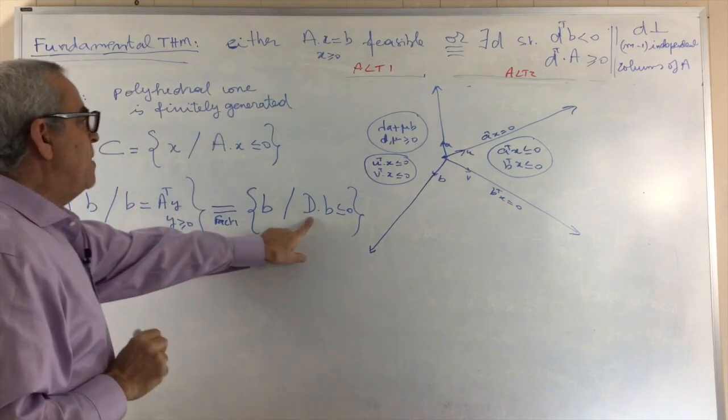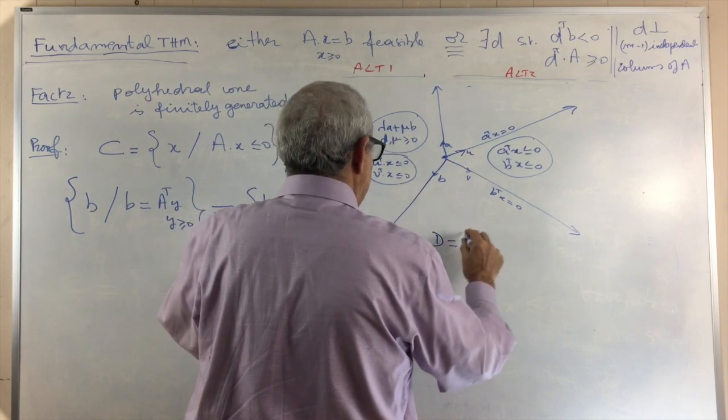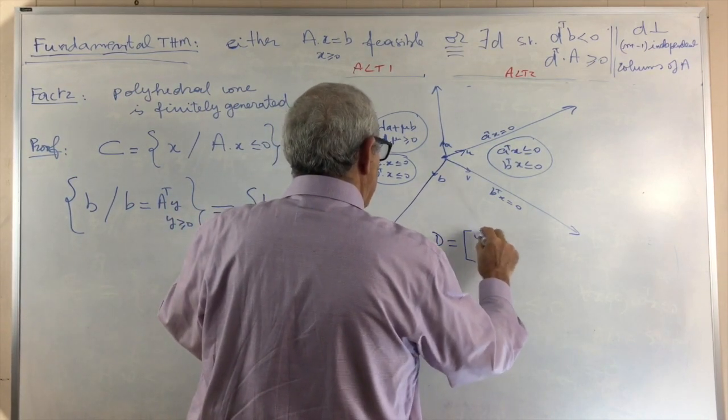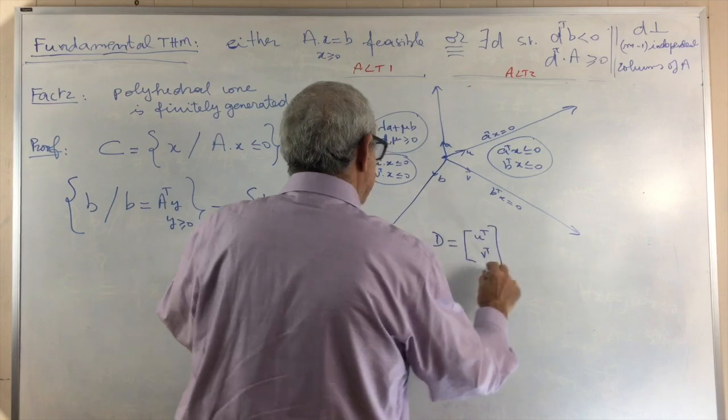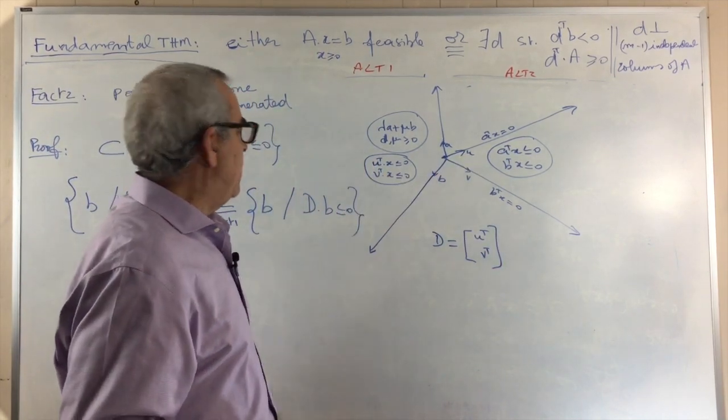So that's my matrix D. My matrix D in this case is just U transpose and V transpose. And the U are over here. That's obvious in this graph.